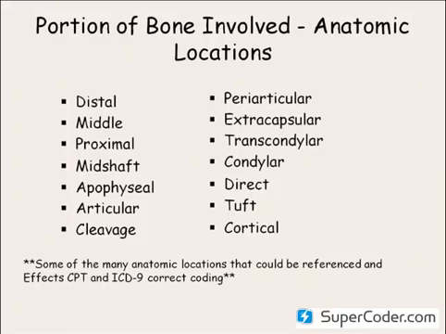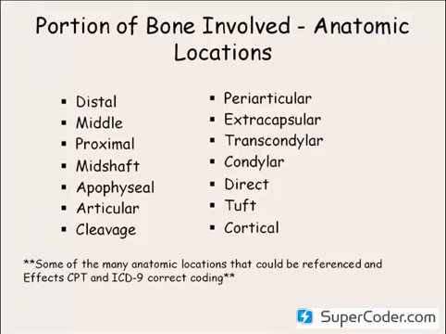Have to be very specific. I also get a lot of distal femur fractures. Well, that's really nice, but again, was it supracondylar, transcondylar, epicondylar, or was it just the medial or lateral condyle? If I don't know, I have to default to the smallest available unless the provider tells me. Very specific for both ICD-9 and CPT coding.